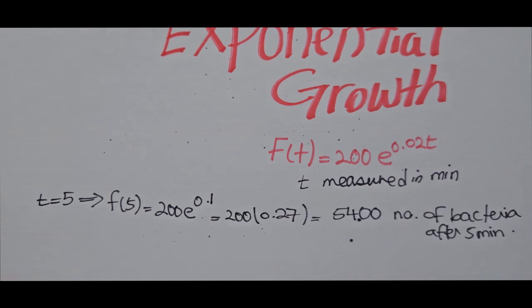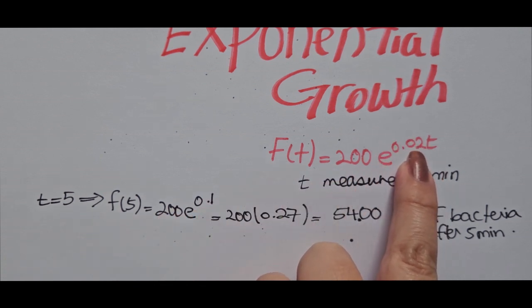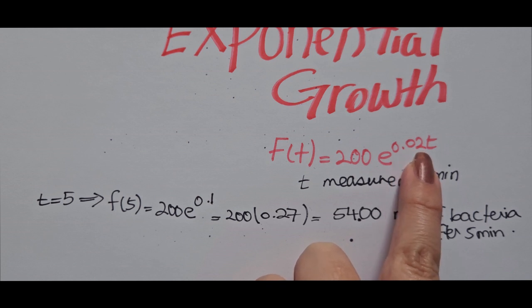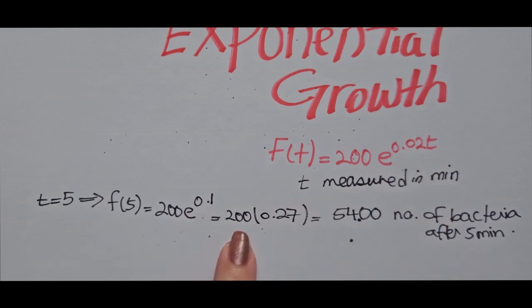So f of 5 is 200 e to the power 0.1. I put it in the calculator, I find the value. The final answer would be 54. So the number of bacteria after 5 minutes would be equal to 54.